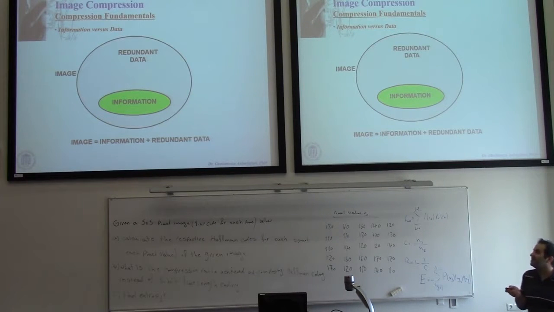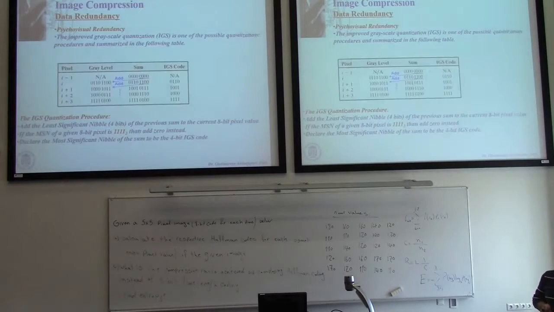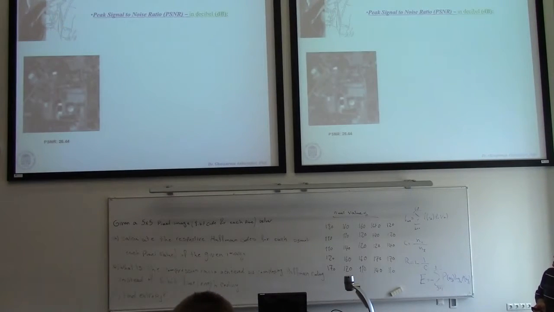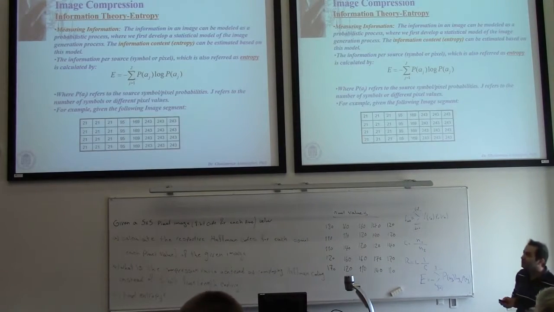For example, if you consider this as an image, we have lots of redundant data here and other information in the image. It means that this data is used to represent this information. To find the information, we can use entropy. Just this. Not so complicated.